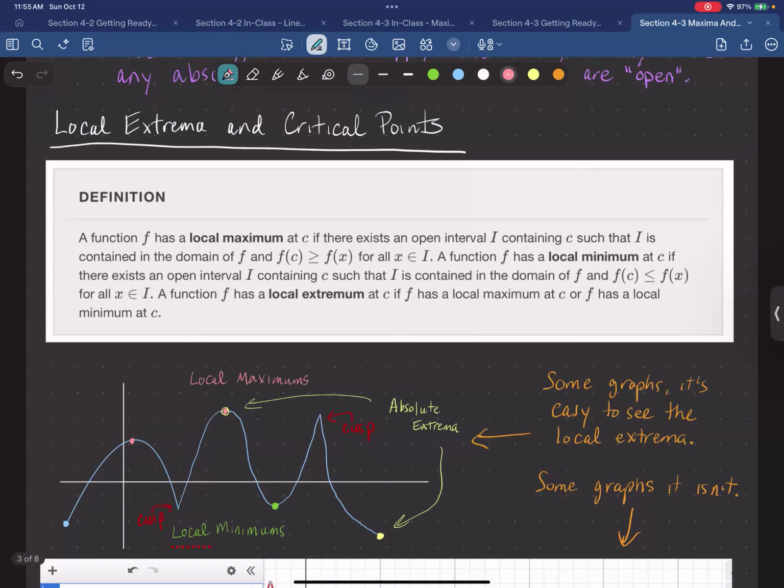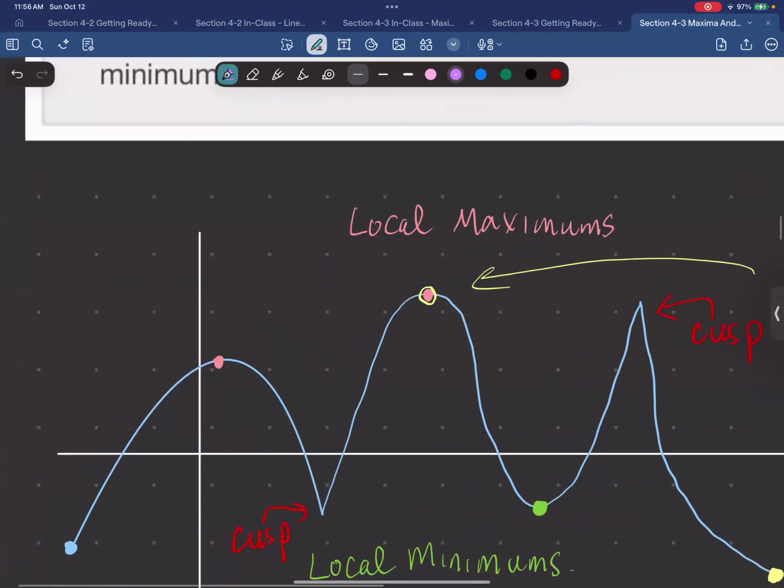So we're going to do some small, let's do purple. I'm going to zoom in right here, and we do a small interval around it. Let's say this value is c1. f of c1 is greater than f of x in that small interval.